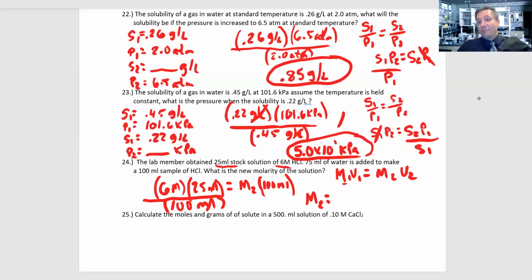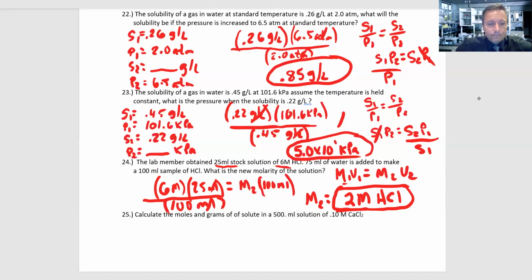It comes out to 1.5 molar, but because I only have one significant figure here, I have to round that to 2. So this is a 2 molar HCl solution. I had to round it from 1.5 to 2 because we had one significant figure. So that is my new dilute solution.